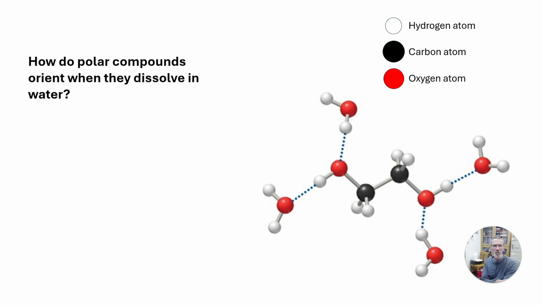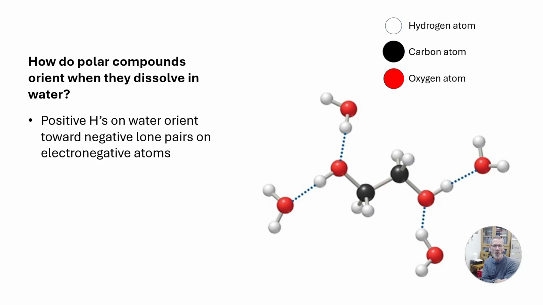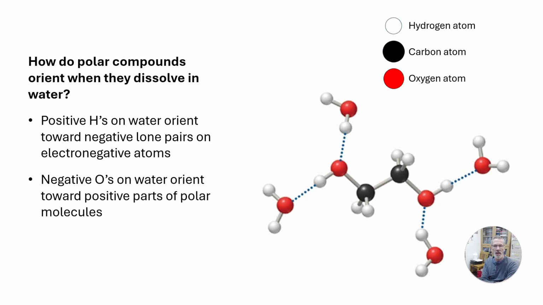We can see those water molecules beginning to accumulate around this particular solute. And so what we see is that the positive H's are pointing themselves toward the negative O's in the solute. And then the negative oxygen atoms, you can see, are pointing themselves toward positive parts of the solute, in this case, towards the hydrogen atoms. So that's how polar compounds are going to dissolve in water.